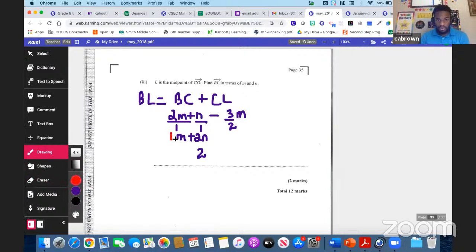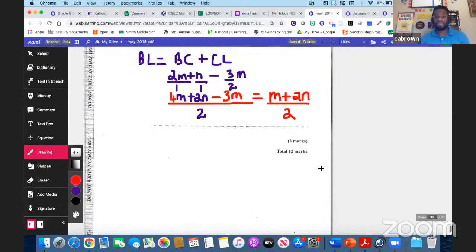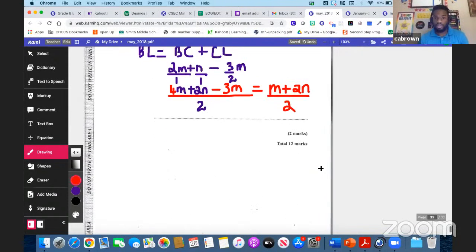So this is 4. Minus 2 into 2, 1, minus 3M. All right, so 4M minus 3M, that's just M plus 2N, all over 2. And that's it. We have completed our paper 2.